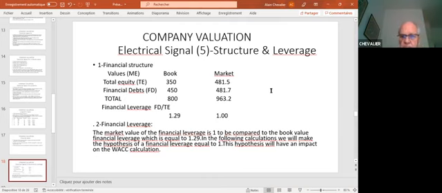And now, with our new calculation, we have 1. So this market value financial leverage, which is 1, has to be compared to the book value financial leverage, which is equal to 1.29.